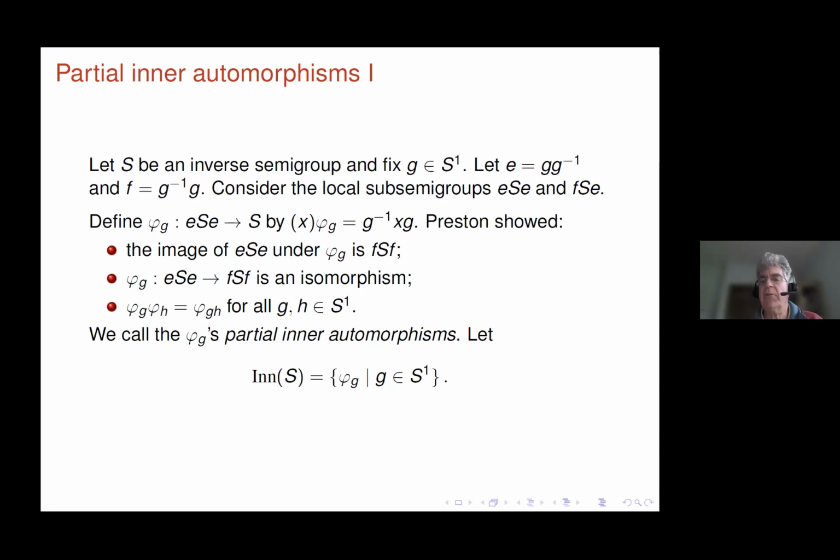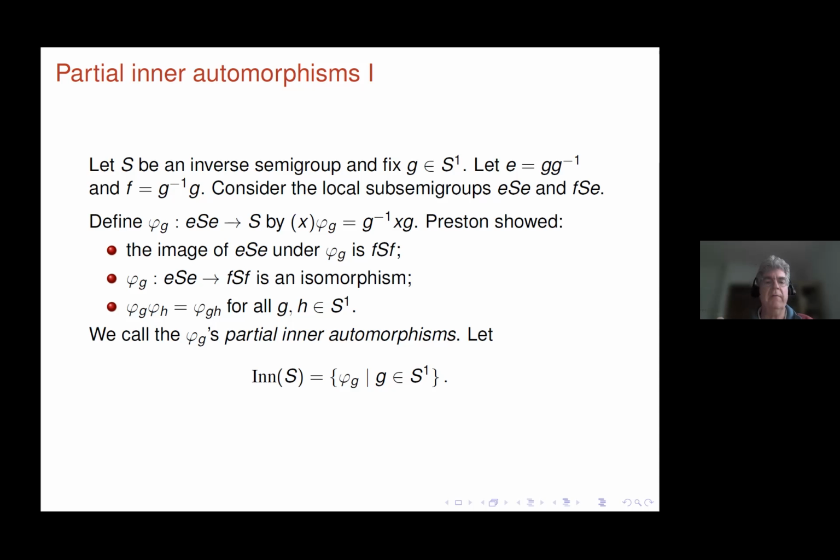Let's consider the two idempotents, gg^{-1} and g^{-1}g. You can think of these as being respectively domains and ranges for corresponding elements of the symmetric inverse monoid, for example. And let's consider the local subsemigroups, which are in fact inverse subsemigroups, eSe and fSf.